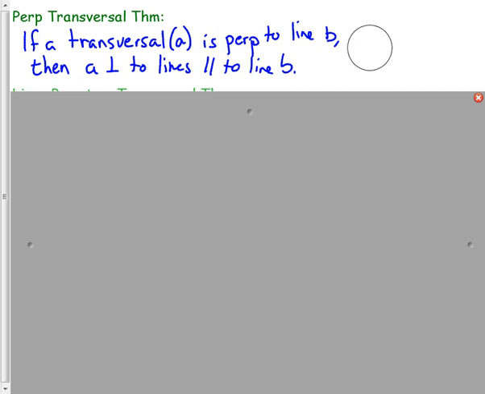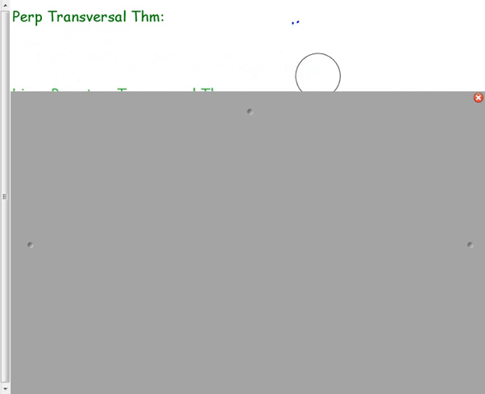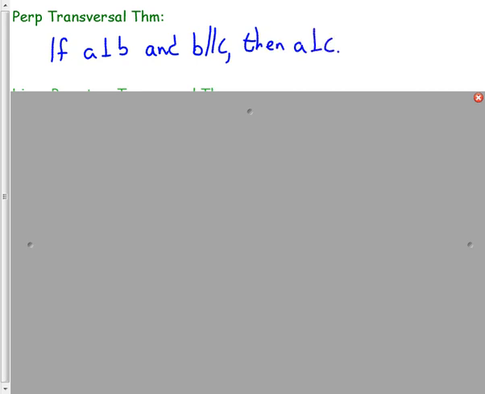And what we're also going to do is write this symbolically. If A is perpendicular to B and B is parallel to C, then A is perpendicular to C. So what's going to happen is you're going to have a pair of lines, B and C, that are parallel to one another.